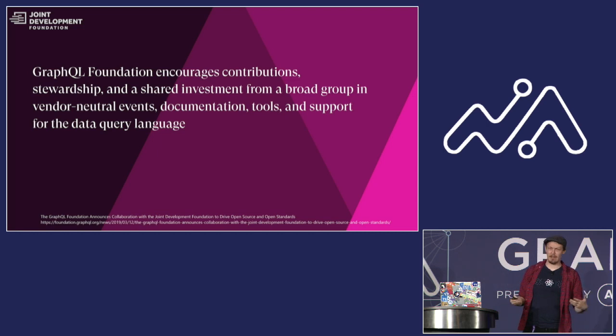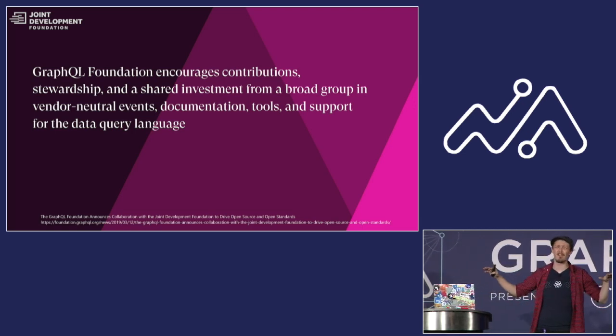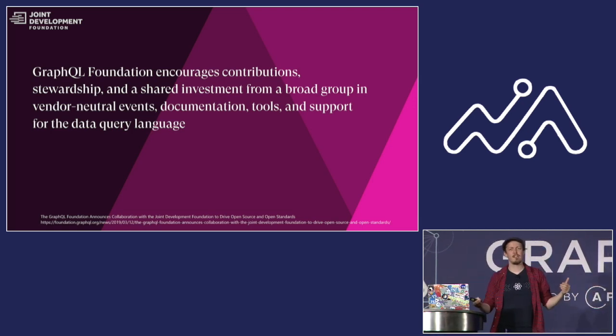So with a foundation setup that allows the political power of GraphQL to be split across many different companies and organizations, there needed to be a way to handle a lot of the legal and bureaucratic problems. Problems is not the right word. You needed some way to handle bureaucracy when you're trying to deal with this many contracts for members' fees and things like that.